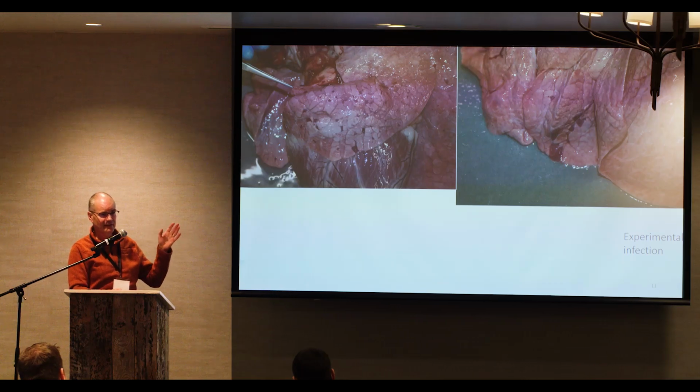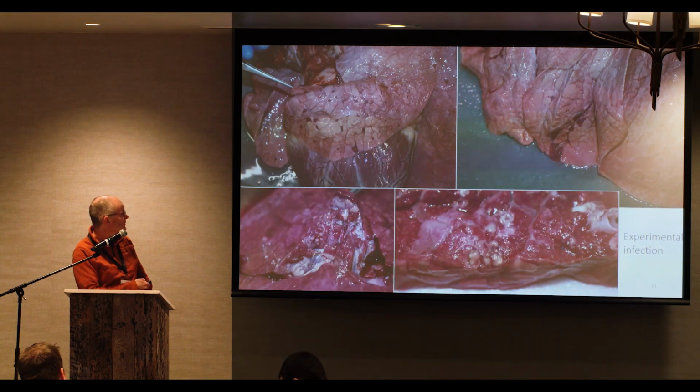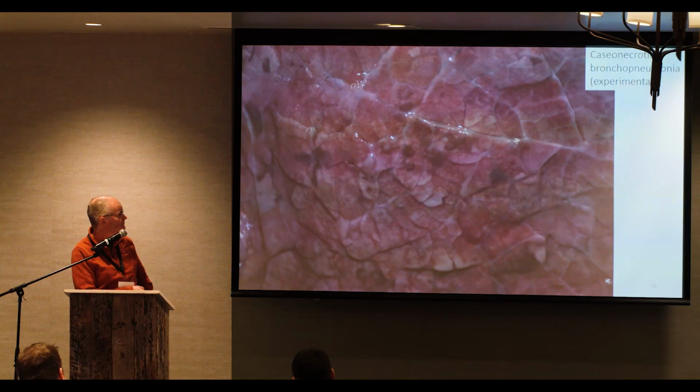If I saw that in just a natural case of BRD, I wouldn't really know what the cause was. But quite a few of these calves also had that same caseo-necrotic lesion, these little nodules present within the lung tissue. So we're pretty confident that when we see that, that's pretty specific for Mycoplasma bovis.